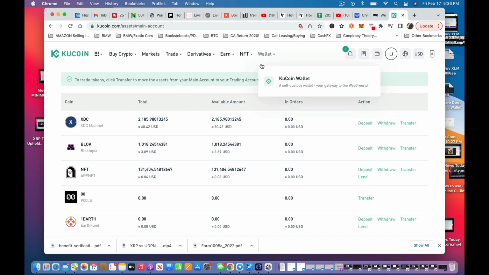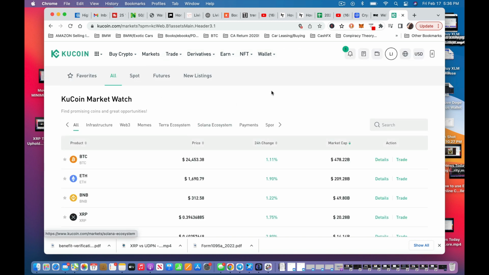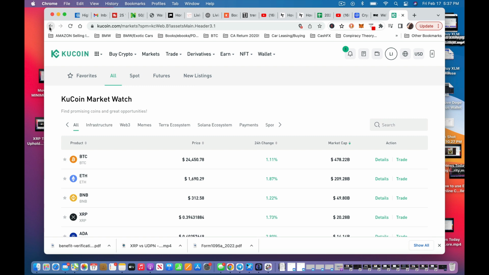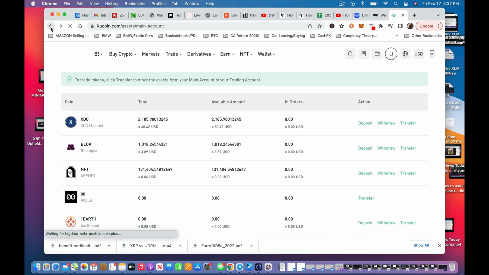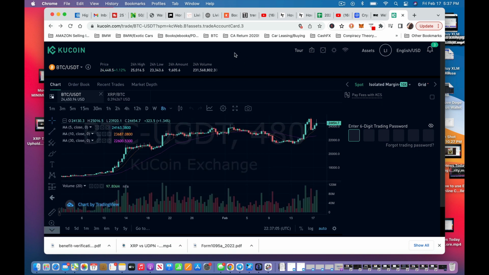But yeah, let's go up here. Here's your market page, and it just tells you what's going on and all that. I want to go back here, though. Let's see. Yeah, here's where you can do your trading and all that kind of stuff.